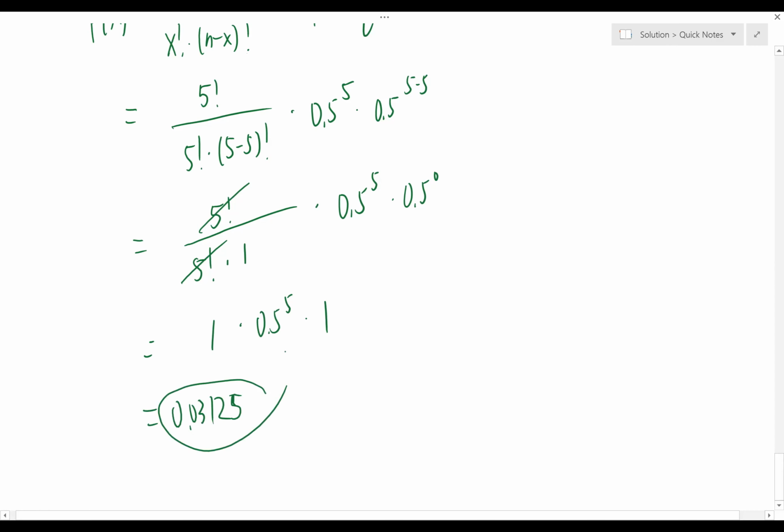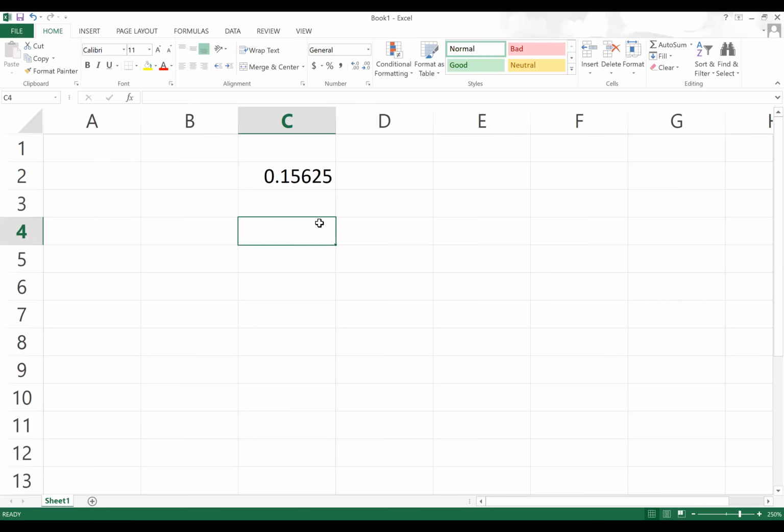I can also quickly show you how to get it in Excel. So here still COMBIN. So we have 5 trials. We're picking 5 heads out of 5 trials and multiply by 0.5 to the 5th power times 0.5 to the 0 power.